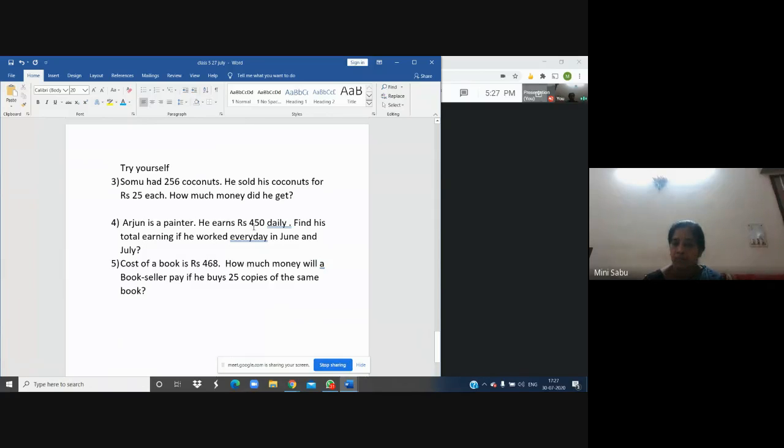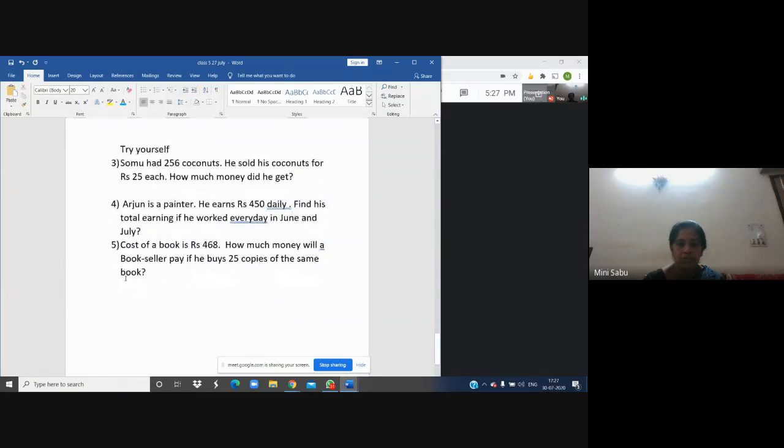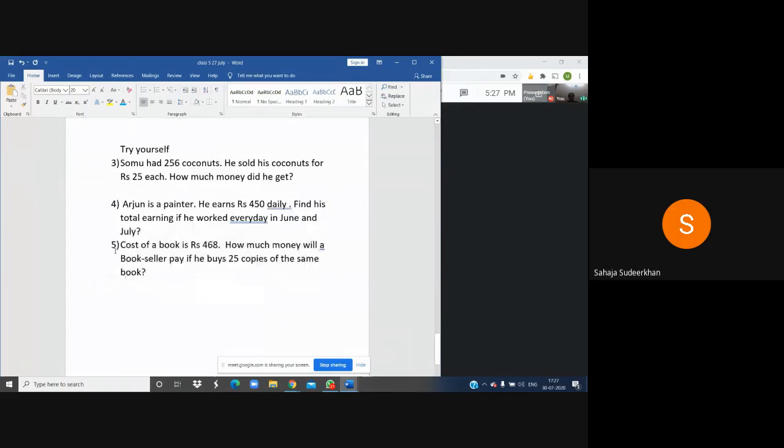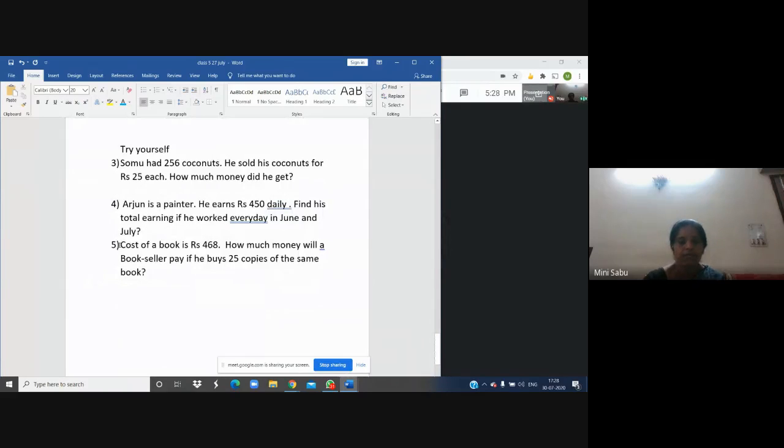Then you will write 450 into 61. You can do the multiplication, write and multiply. Then you will get a big amount. Then what will we write finally? So Arjun earned dash rupees in the 2 months. Children, you can make slight variation in the steps, no problem. Understood? I hope you understood. Try to solve it in your note.